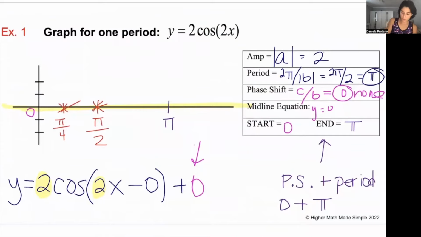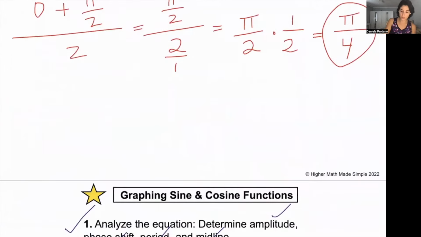Okay, and then last but not least, we have to find the exact middle between pi over 2 and pi. So those are the 2 we're going to add together and then divide by 2, right? We're finding the average. So pi over 2 plus pi, and then divided by 2. So first we need common denominators. So pi is the same thing as 2 pi over 2, right?